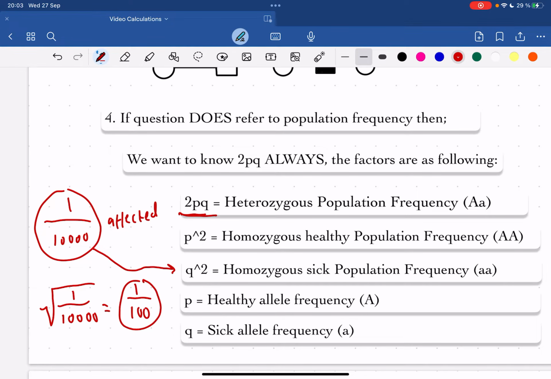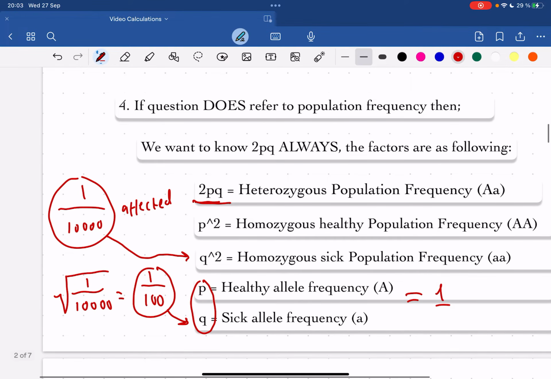So let's say this is then Q. These two will always be equal to 1, okay? So that means that P plus Q equals 1, which in this case would be 1 minus Q, which we know is this one, equals P. This usually is very, very close to 1 anyways.